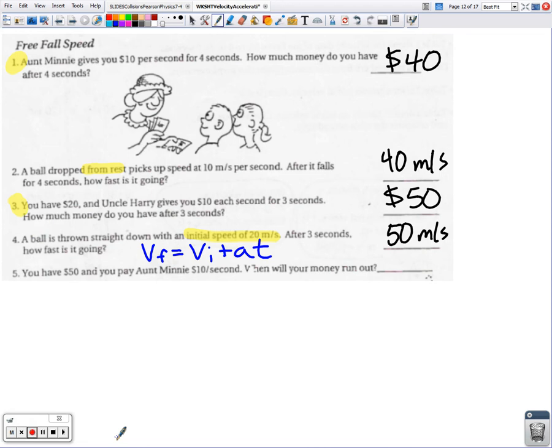In all the examples we've done up until this point, what was the initial velocity? 0. So all you had to do was take the acceleration and multiply it by the time. But in this case, when gravity started pulling on the object, it was already moving at 20 meters per second. So in this case, VI is what? 20. Okay?